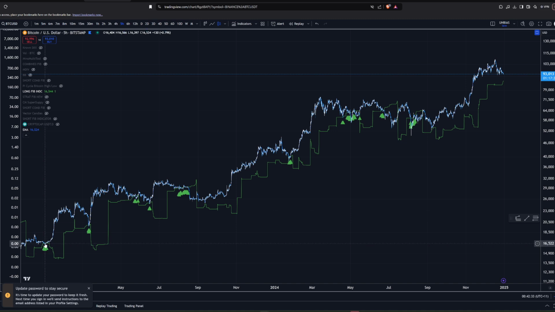So in many instances since the start of the bull market, this line has served as a very, very good pivot point for trend continuation. And in the cases where the line is crossed, there is potential for longer term corrections, right?